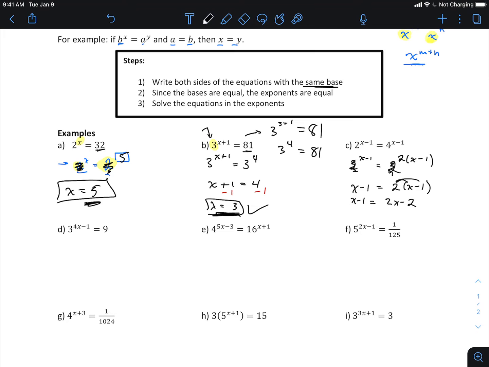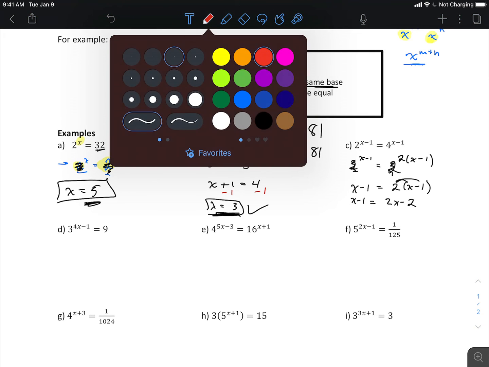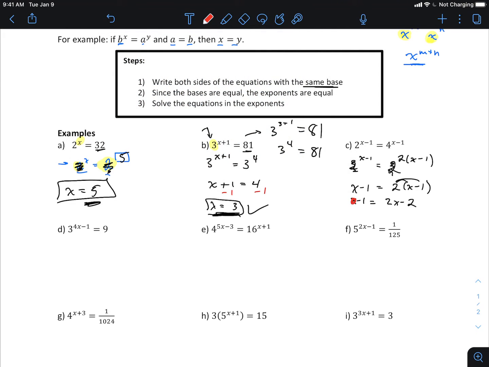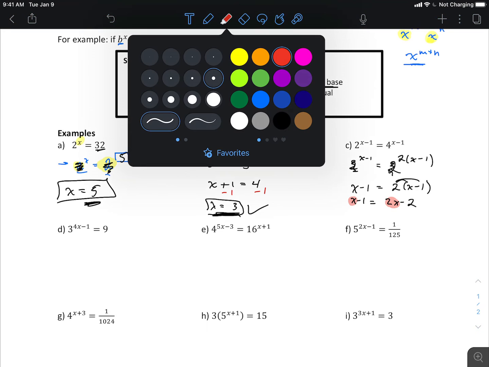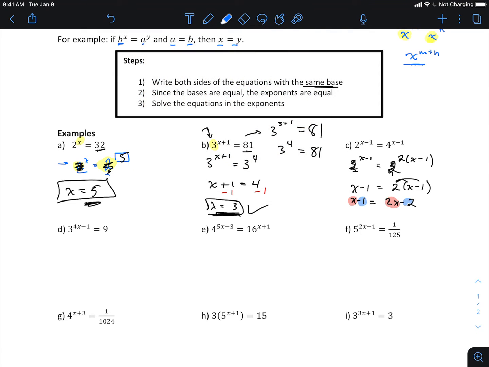Now I want you all to give me, basically we're collecting like terms, right? I want the highlighter. I want all the x's on one side, and I want all the numbers on the other side. And remember, when you move things from one side to the other, you have to change the sign. That's because I'm creating 0 pairs. So I have to add 1 to this side, add 1 to this side.